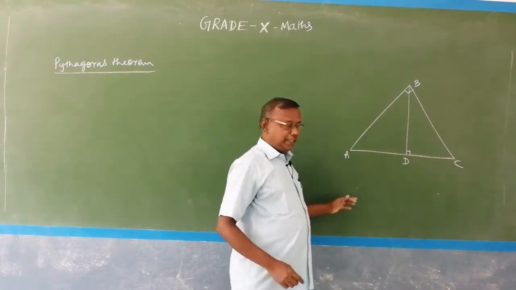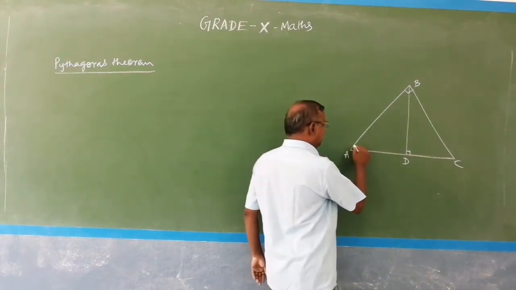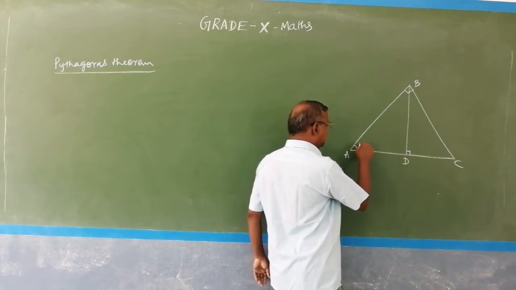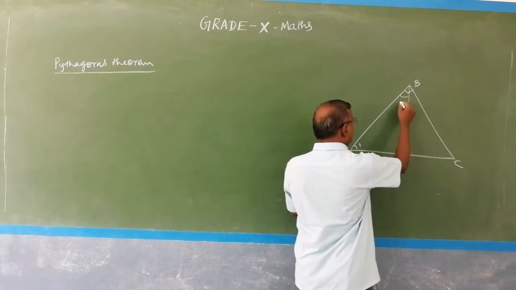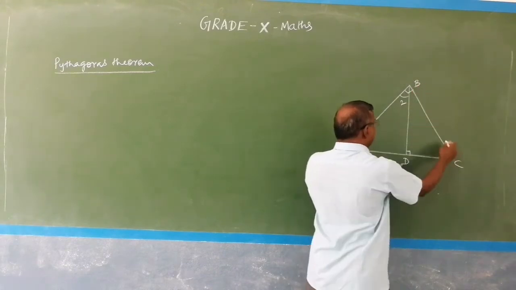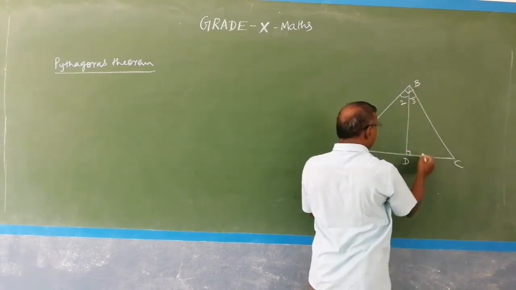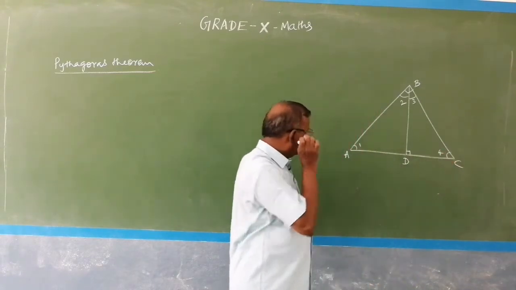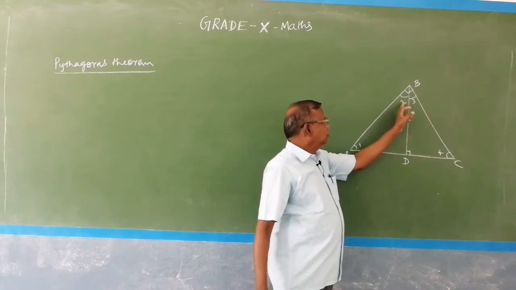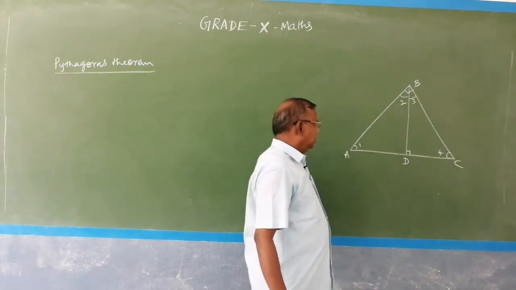For our convenience, I mark this angle as 1, this ABD as 2, DBC as 3 and BCD, angle C, as 4.